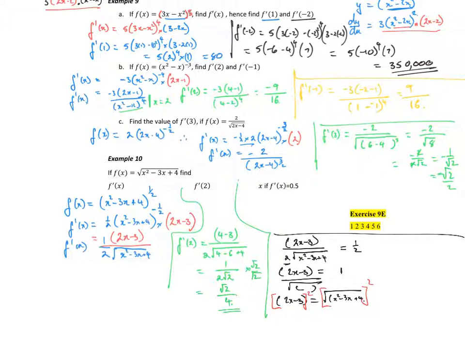So this side squared becomes 4x squared minus 2ab, which is minus 12x plus 9, and that's equal to x squared minus 3x plus 4. Let's get everything to the left-hand side. Subtract x squared, so I get 3x squared, plus 3x across makes it minus 9x.